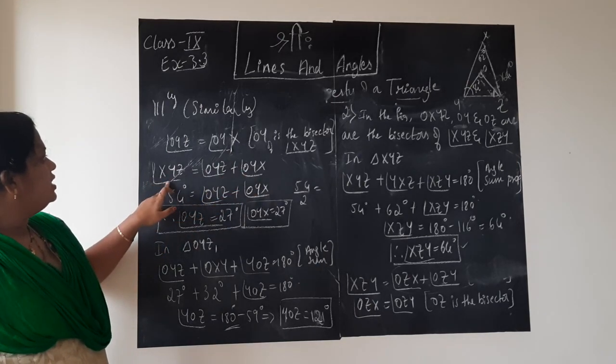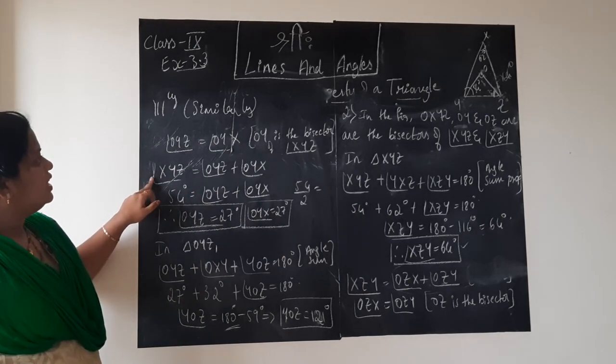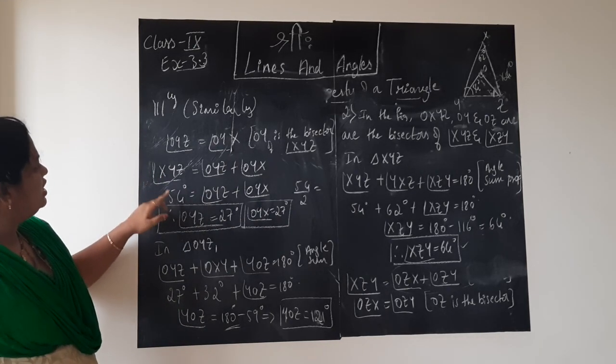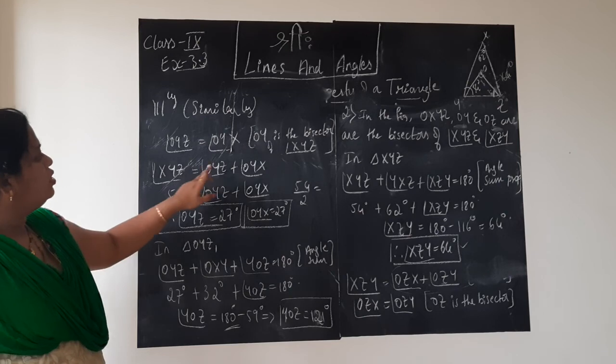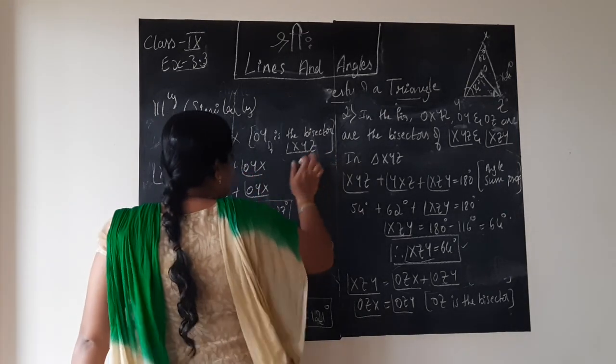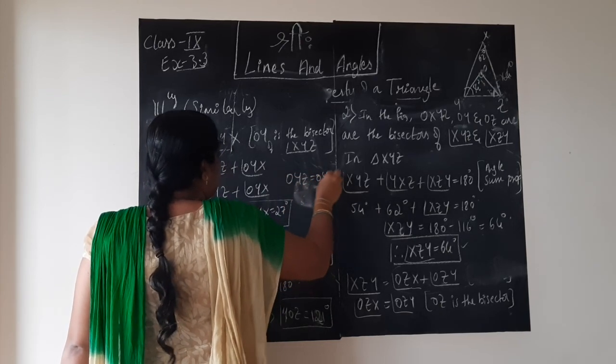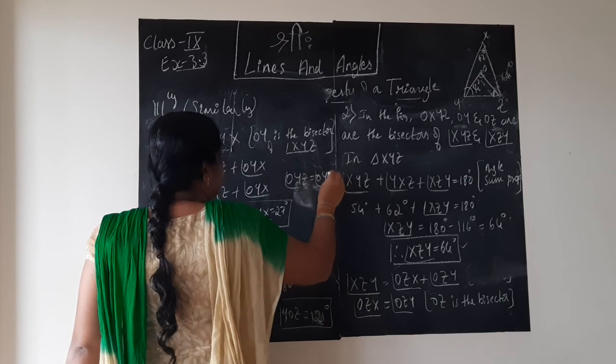How? Means see, XYZ is OYZ plus OYX. We know what is angle XYZ. They have given us it as 54 degree is equal to OYZ plus OYX. But I forgot to write one sentence here. You write, OYZ is equal to angle OYX.